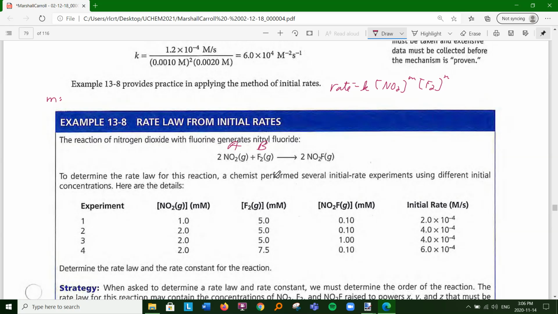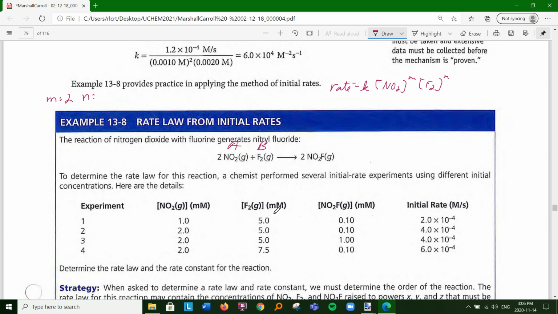NO2, if I go from experiment 1 to 2, NO2 doubles, F2 doubles. The product doubles, but that's odd. It is strange to see a product concentration put in. Anyways, it doesn't change, so I'm not worried about it. NO2 doubles and the rate doubles, therefore M is 2.